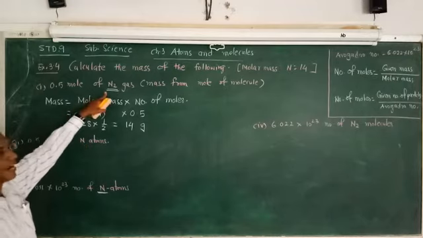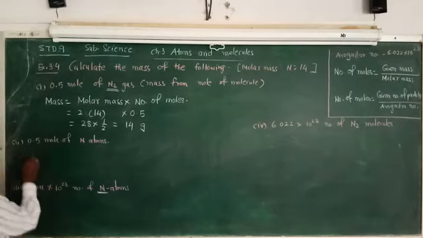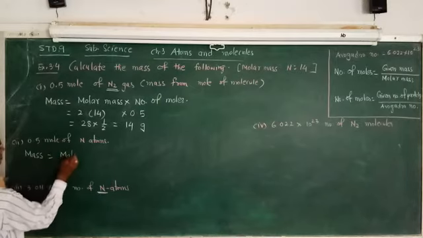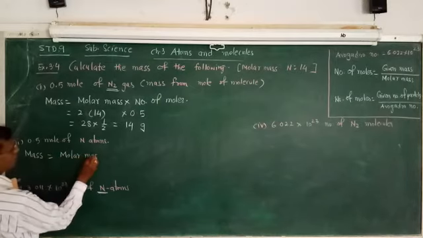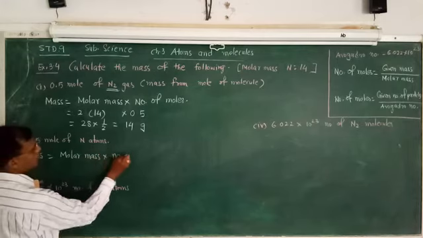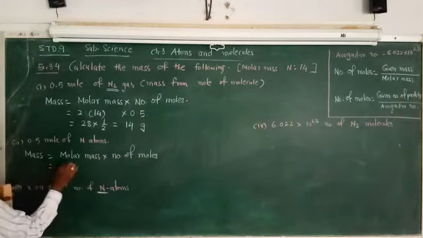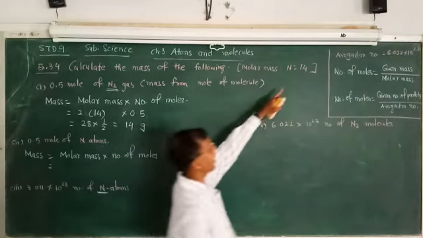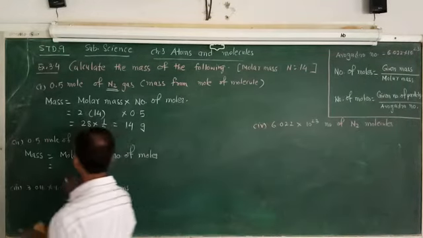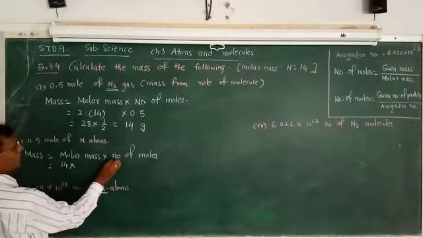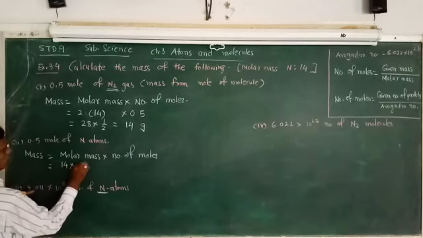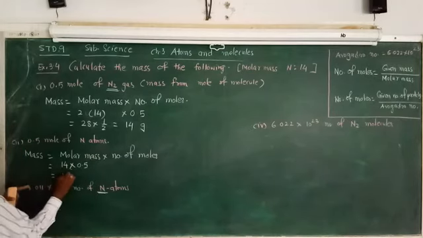Similarly, for 0.5 mole of N atoms. We have calculated first N2 gas, now N atoms. So mass equals molar mass multiplied by number of moles. The molar mass of nitrogen atom is 14, multiplied by number of moles 0.5, that is 1/2.